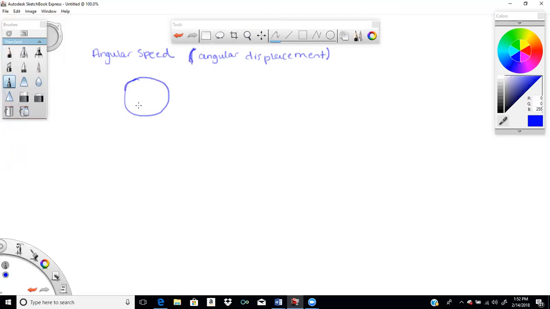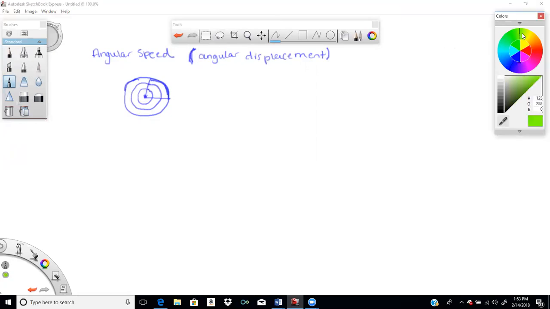If we look at this, let me draw, this is the center, and let's suppose we have two levels. That'll be the first level, and then we'll do this one as the second.